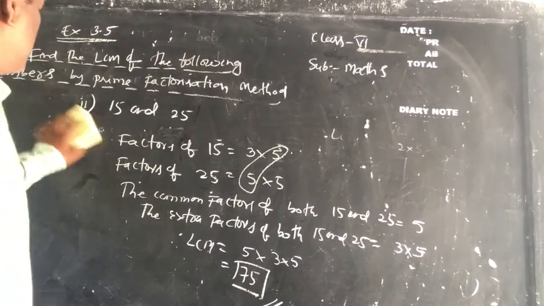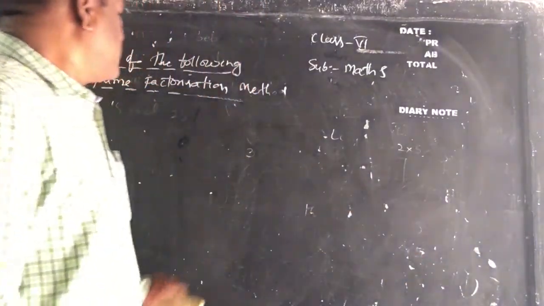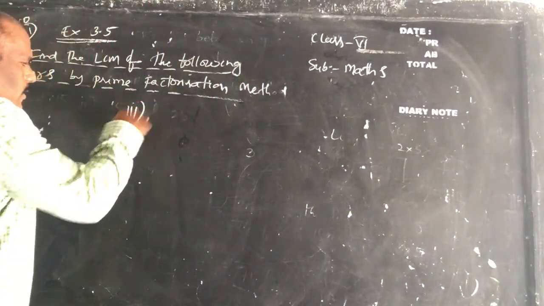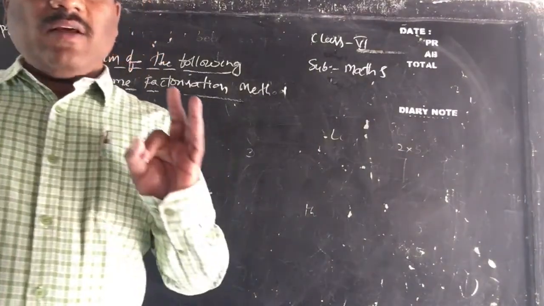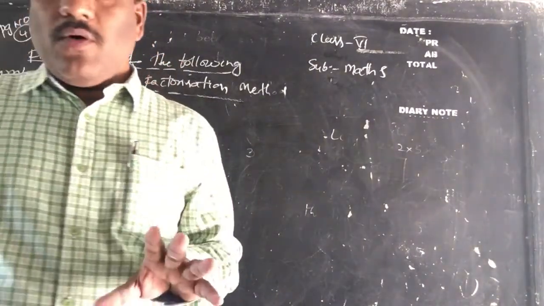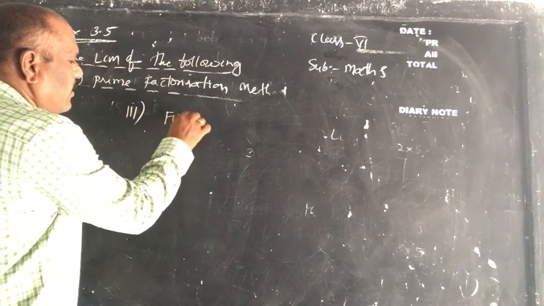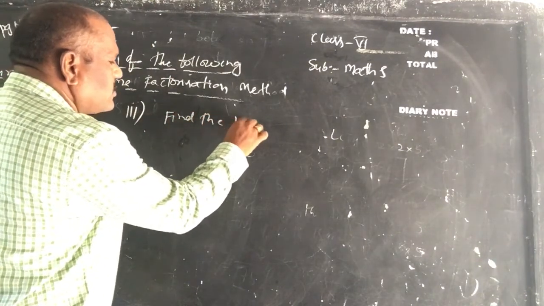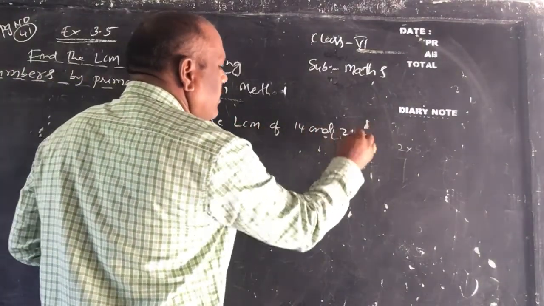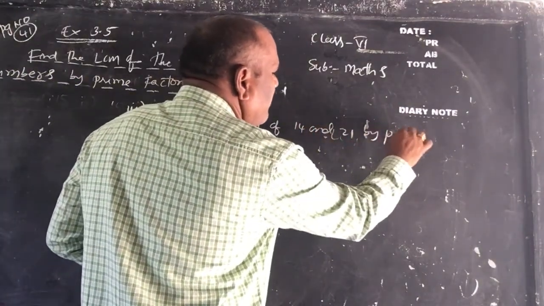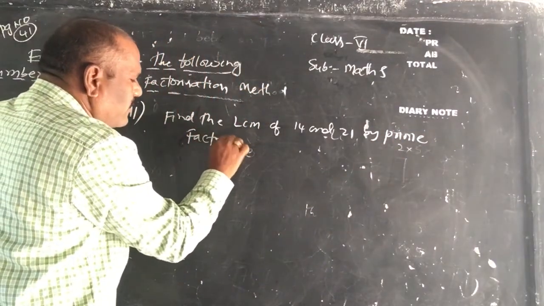And now, third problem. What is the third problem, children? Find the LCM of 14 and 21 by the prime factorization method.